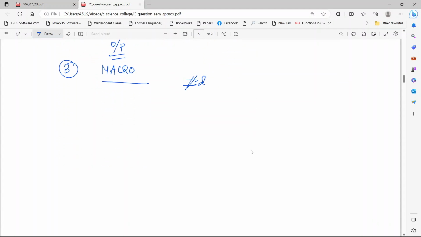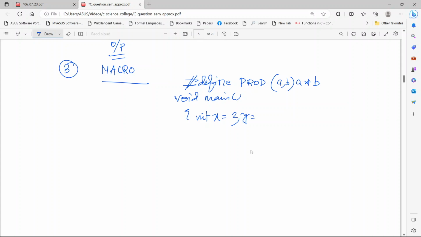That means first you give me the answer of this, then I discuss. Say I define prod(A,B) as A multiplied by B, and in main, integer x equals 2, y equals 10, and printf %d, and I'm calling this prod with x minus 5, y plus 2.